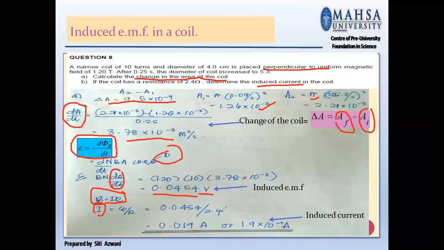So solve this one, and you got the induced current 0.19 ampere.